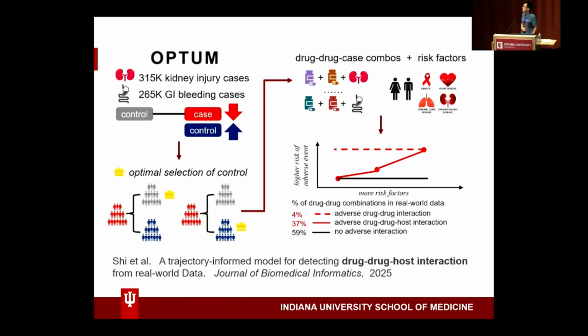Well, 37% of the drug combinations were safe in the general population, but they had a higher risk in certain subpopulations. For example, some drug combinations may only have a higher risk in patients with female gender and older age, but remain safe in the general population.